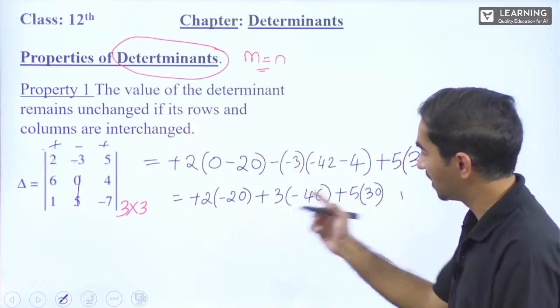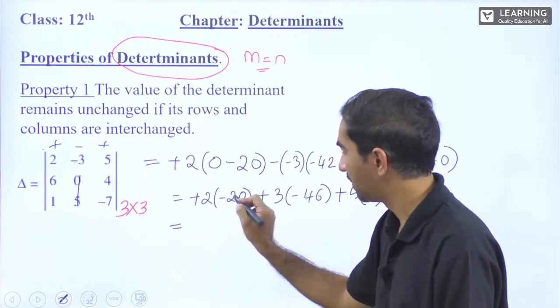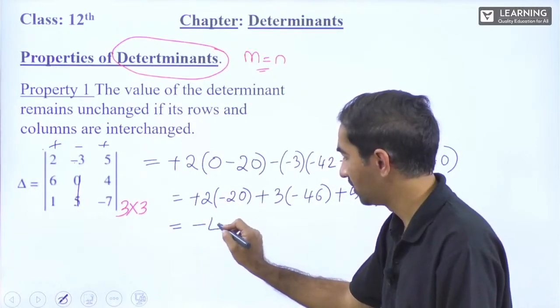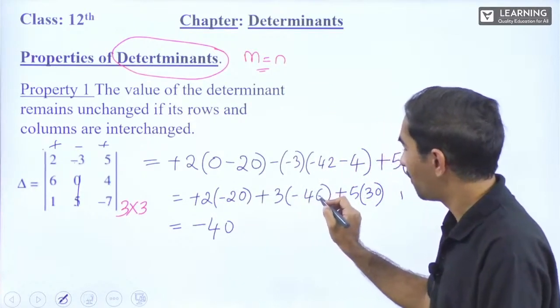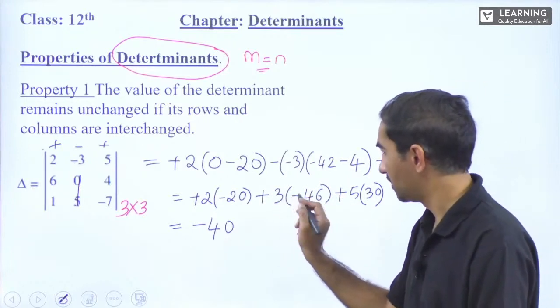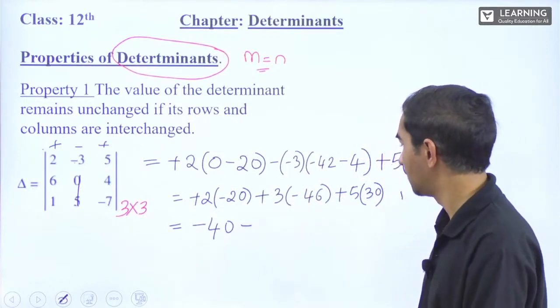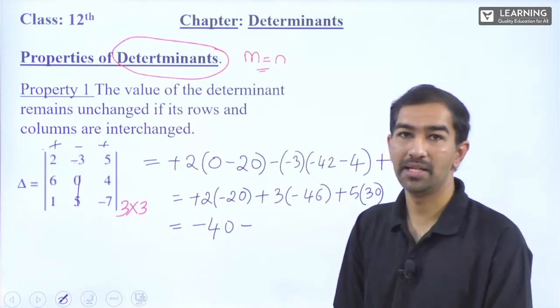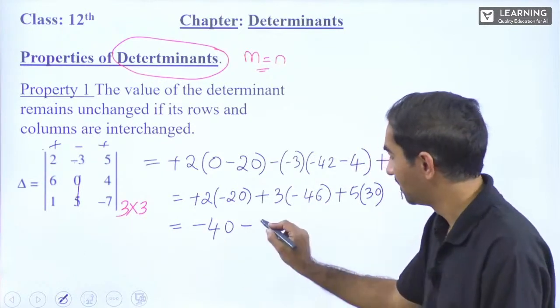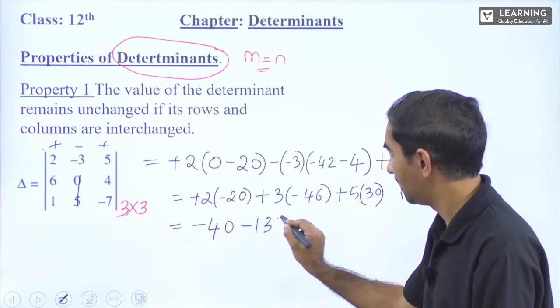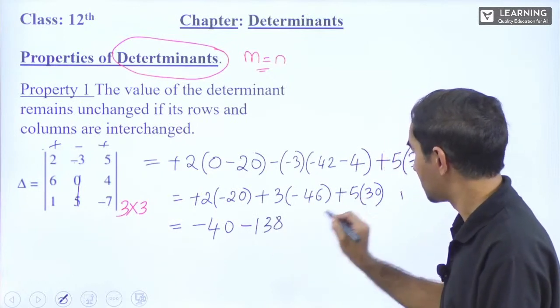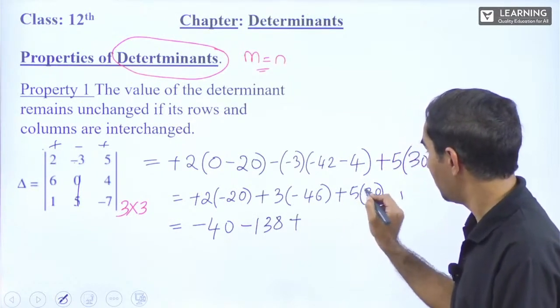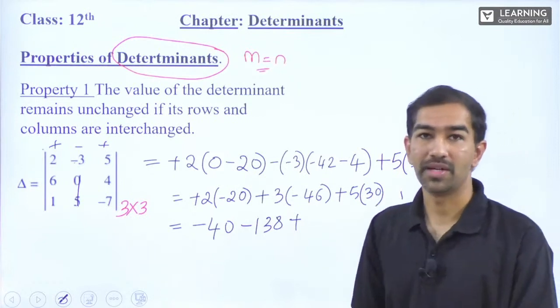Correct. Further simplifying this, we'll get minus 20 into plus 2 is minus 40. Minus 46 into 3: now students, plus into minus will be equal to minus, correct? So this is 120 plus 18, which will be equal to 138. So 138 here. Plus 5 into 30 will be equal to how much, students? 5 3s are 15, right?